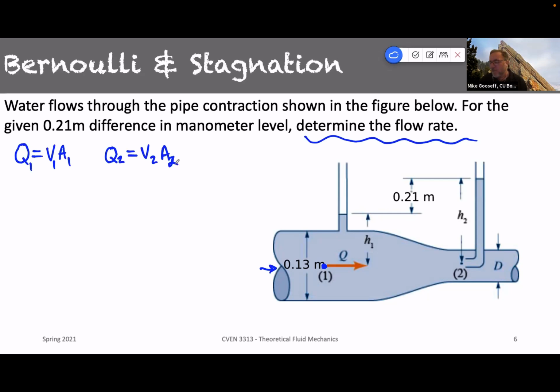And for all of the flow that comes in from the left and goes out the right, we also have to say that Q1 is equal to Q2. Those two things have to be equal to each other because we can't store this water, in this case, coming through anywhere, all right?